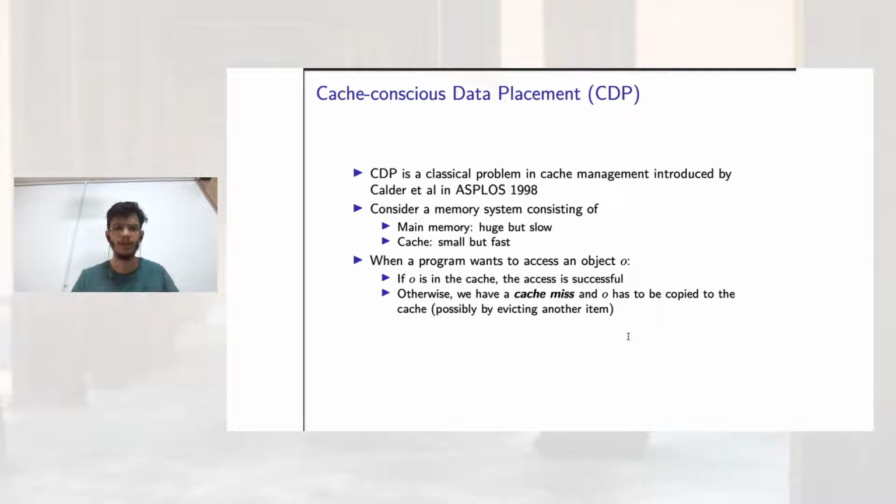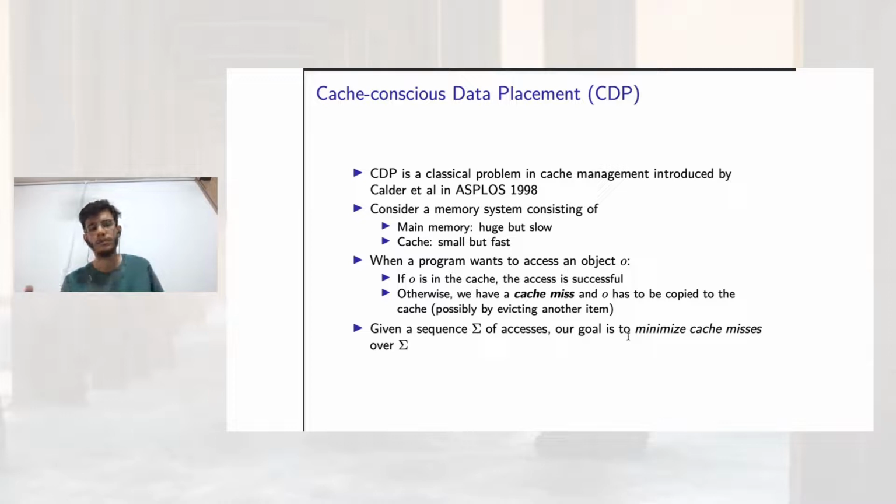Otherwise we have a cache miss, and O has to be copied from the memory to the cache. Assume that we are given a sequence of accesses. Our goal is to minimize the cache misses over sigma, the access sequence.